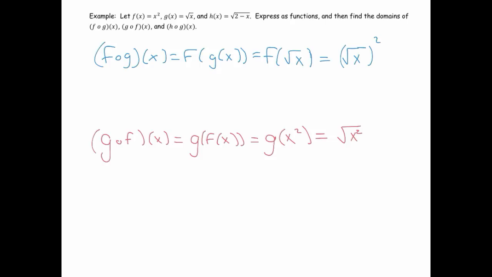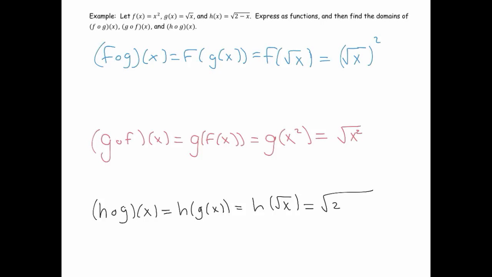And then lastly, h of g of x, which we write as h g of x, which is h of, and g of x is the square root of x, and then h takes things and square roots 2 minus that thing. So this is square root of 2 minus square root of x.